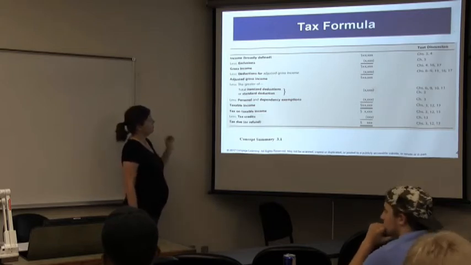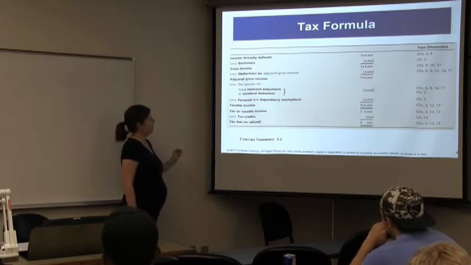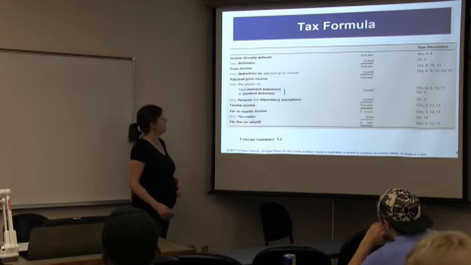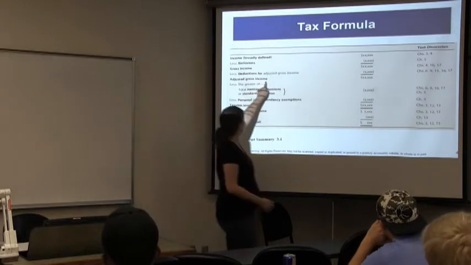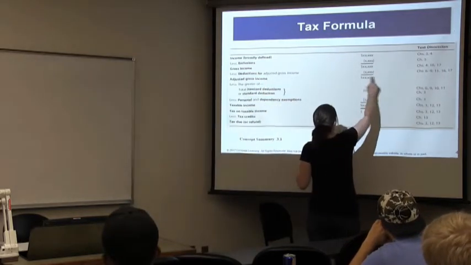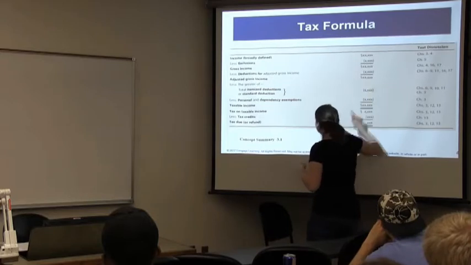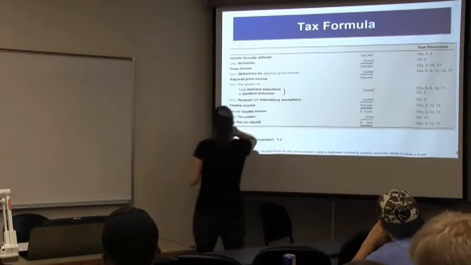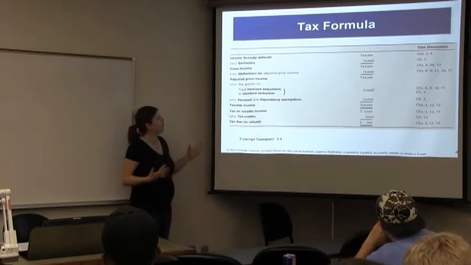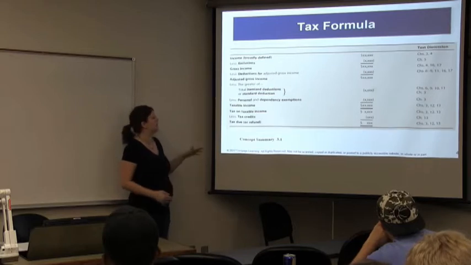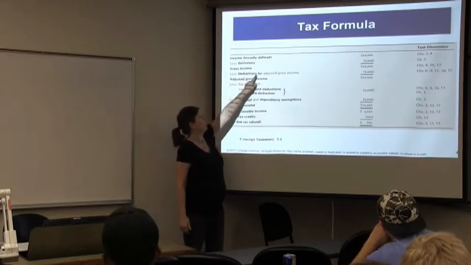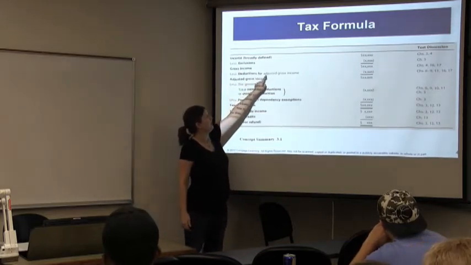Next, we subtract out our above the line deductions. Okay? This is our line that we are looking at. This book and other books also call above the line deductions deductions for AGI.